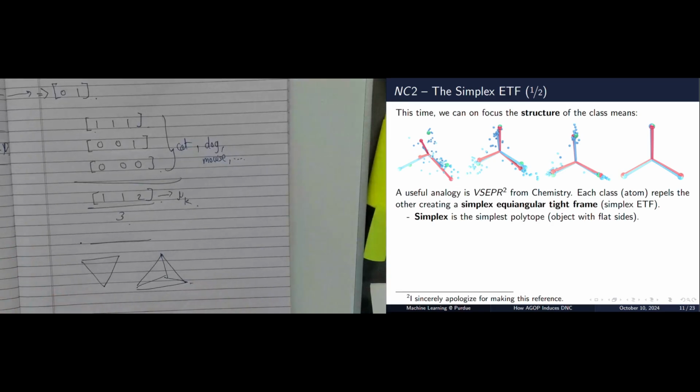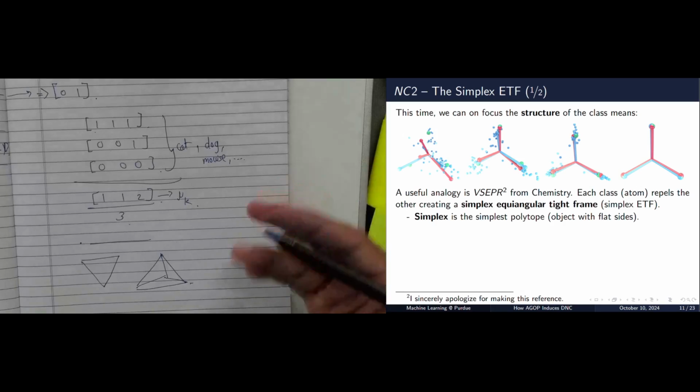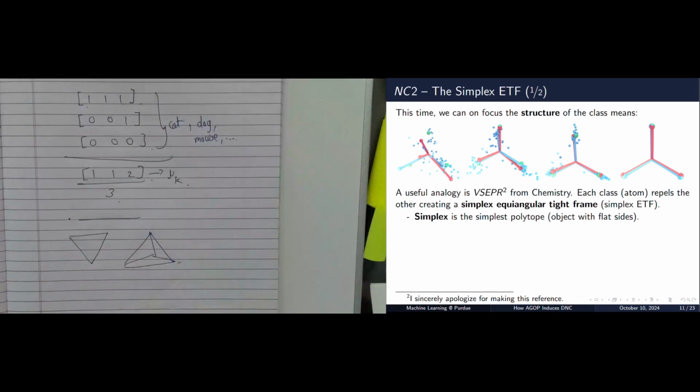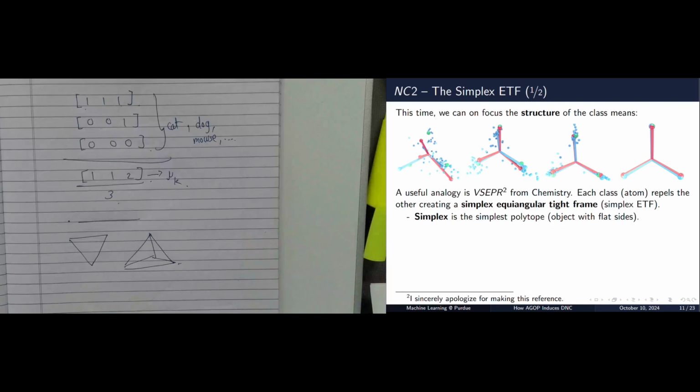So the basic idea is just that you are extending this to as many dimensions as the number of classes that you have, and it is trying to maximize the distance between each of these class means.